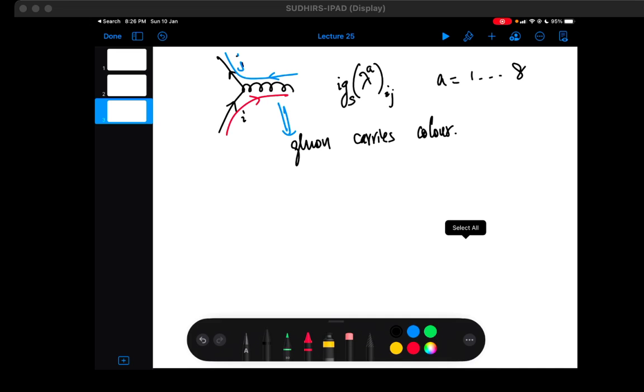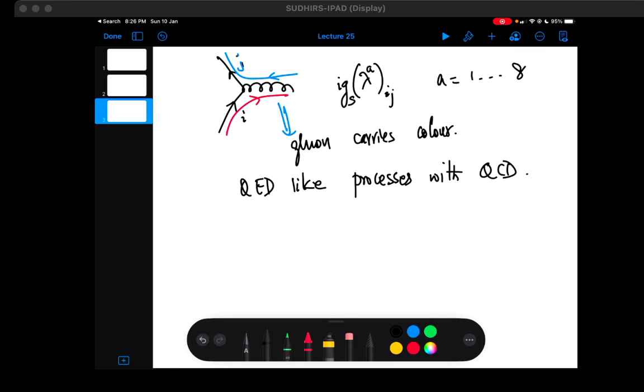Now, one of the first things, let's try to do QED-like processes with QCD.